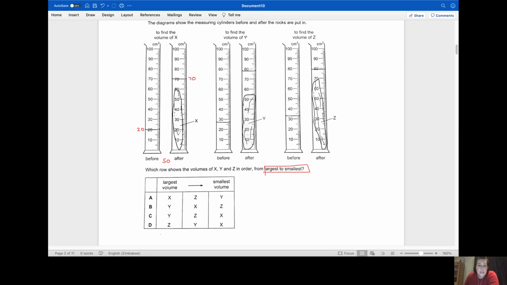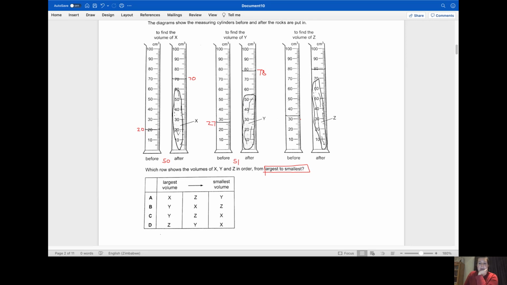When you look at Y, what you see here is 25, 26, 27. Your volume here, 75, 76, 77, 78. When you minus those 2, you get a volume of 51. So already you know that Y is larger than X.